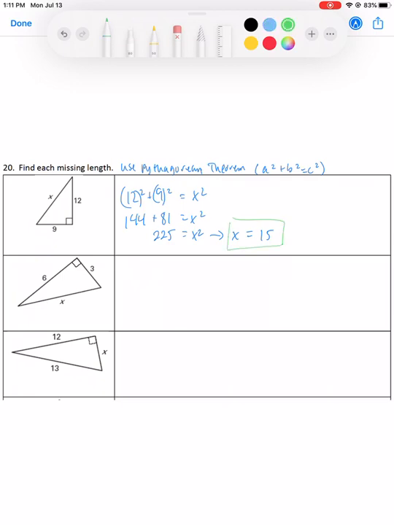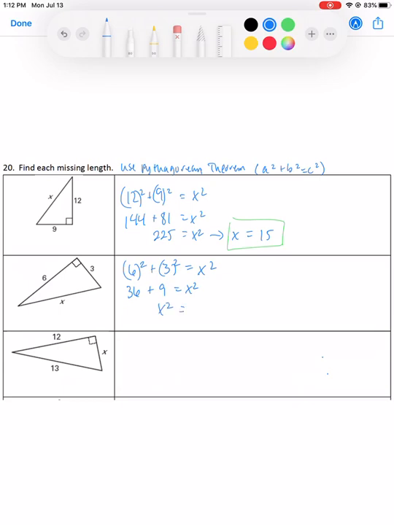On the next one, we have 6 and 3. So we're going to use the Pythagorean theorem the same way. 6 squared plus 3 squared equals x squared. That's 36 plus 9 equals x squared.